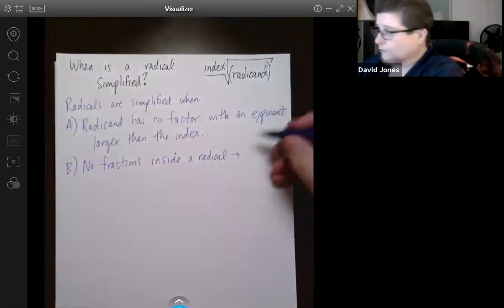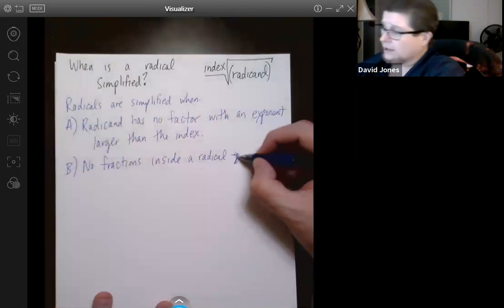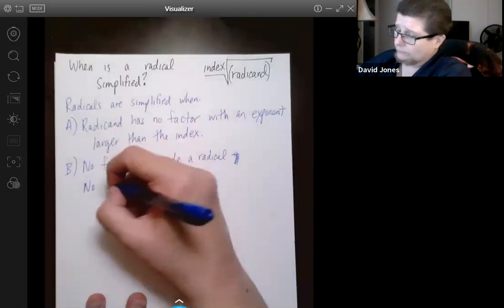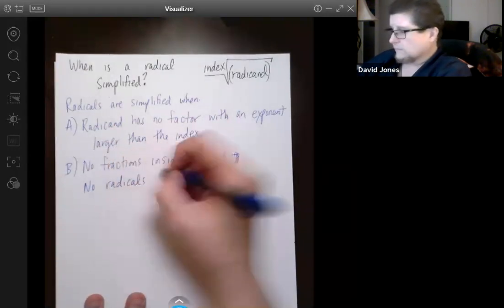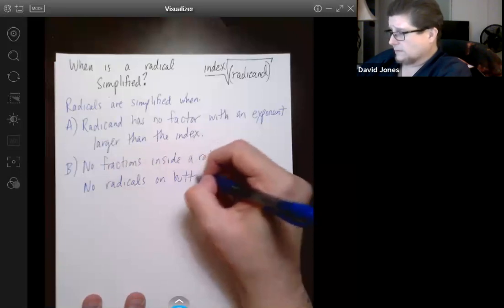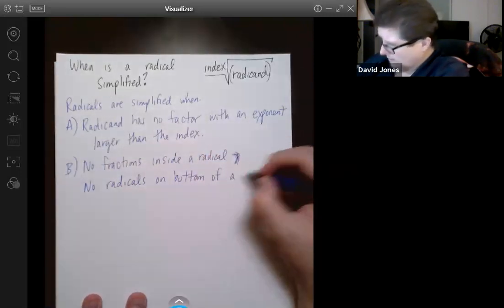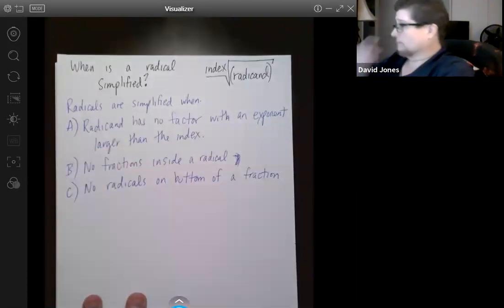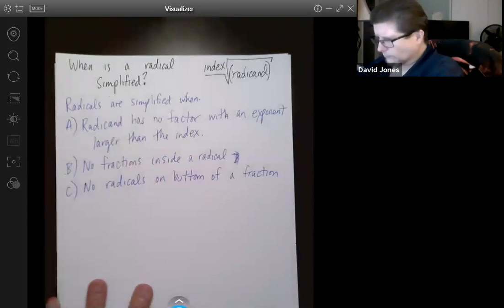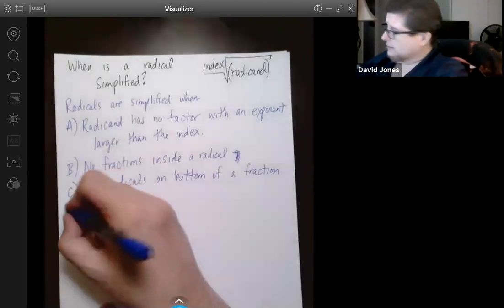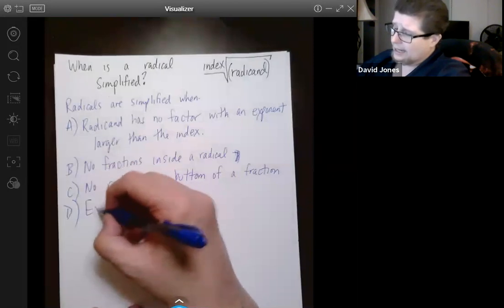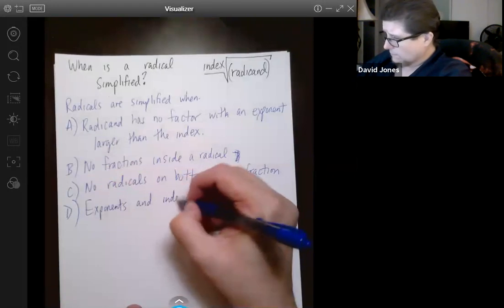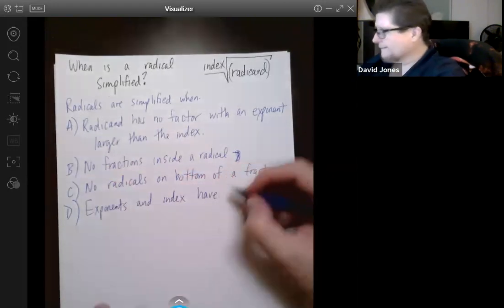Really boils down to no fractions. This makes it also no fractions or no radicals on bottom. That's like, we'll call that C. D, exponents and index have no common factors.